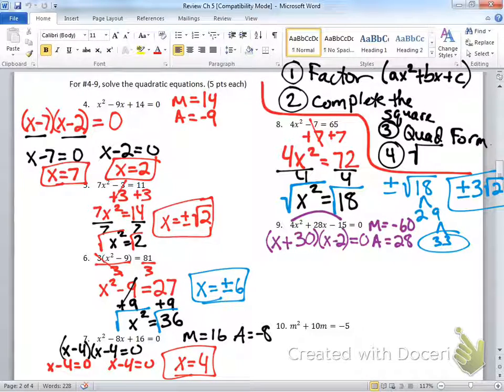Don't forget the bottoms up trick. You've got to divide both of these by 4, the lead coefficient. So 15 over 2 and 1 over 2.